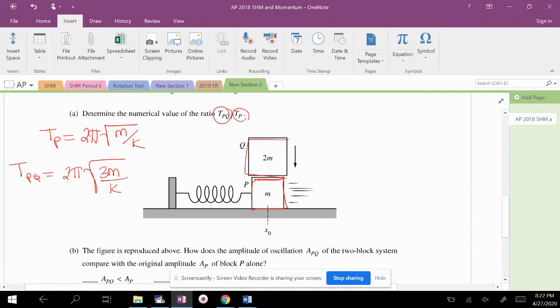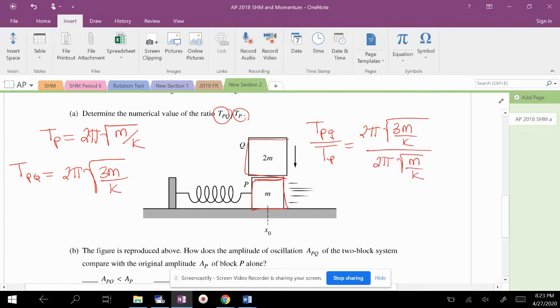But now I want to find the ratio, so I'm going to do that over here. T_PQ over T_P is equal to 2 pi root 3m over k, over 2 pi root m over k.